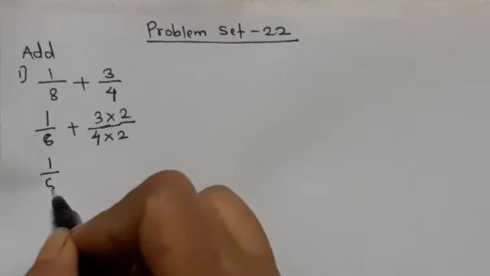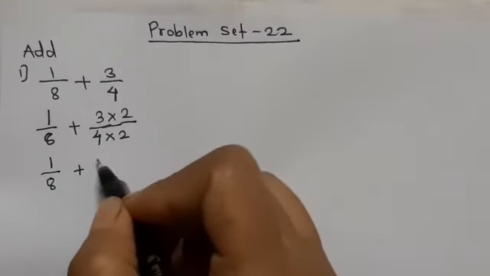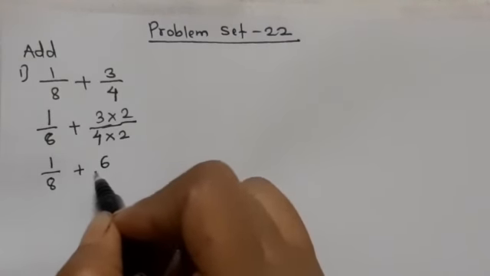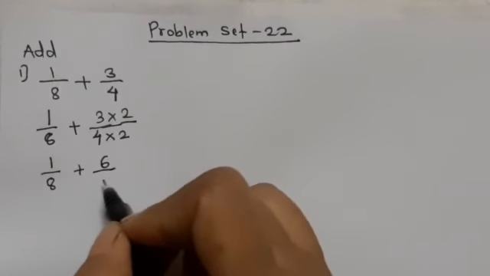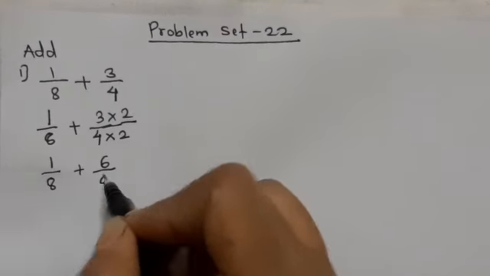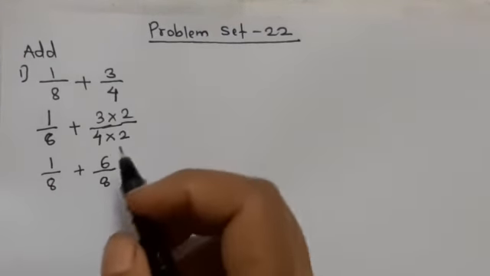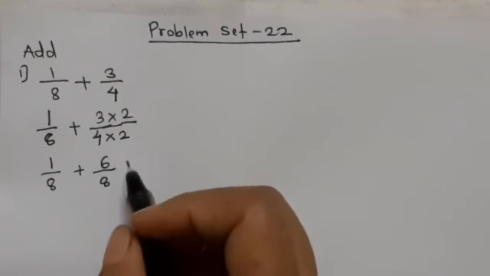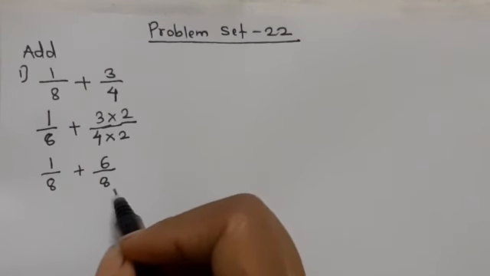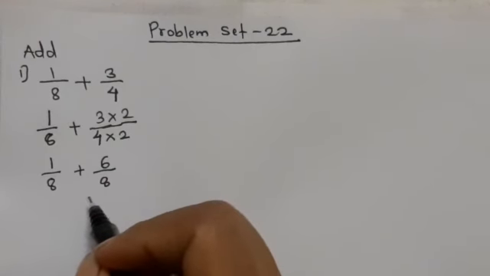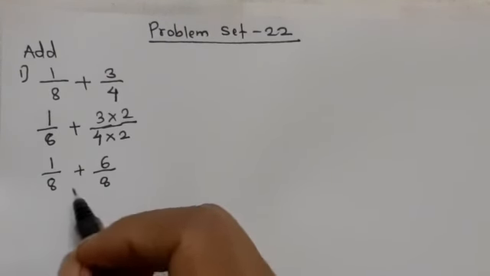So 1 by 8 plus 3 into 2 is equal to 6 upon 4 multiplied by 2 is equal to 8. So 6 upon 8. Now this 3 by 4 is converted to the equivalent fraction 6 by 8. Now both the denominators are equal.